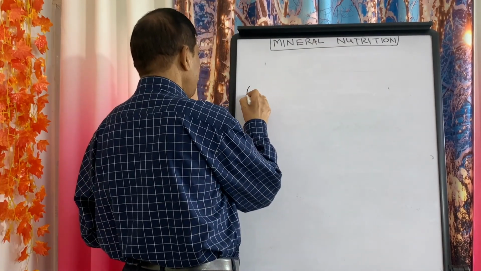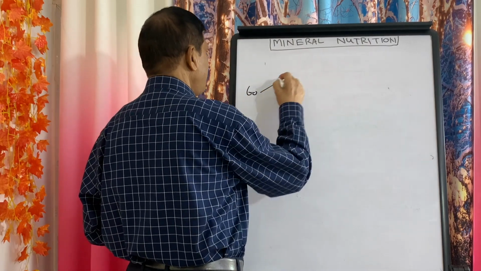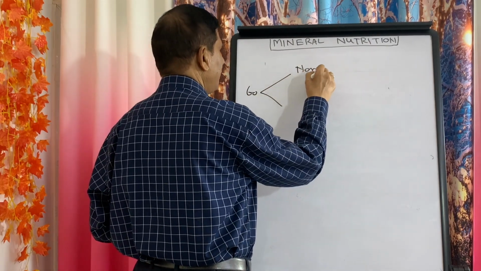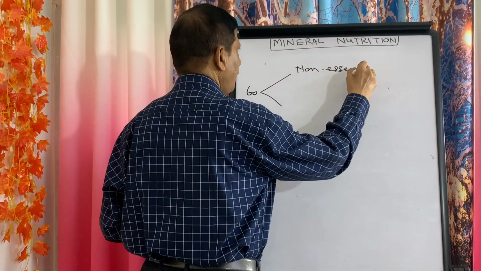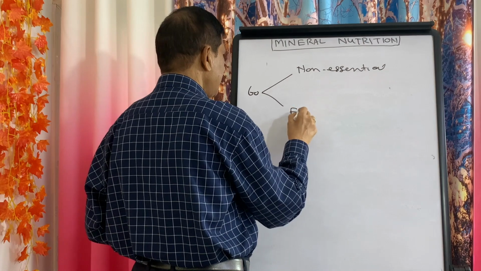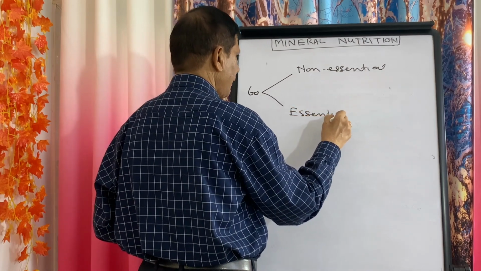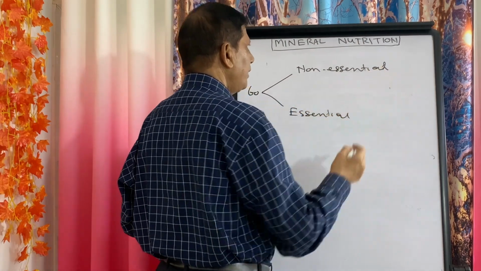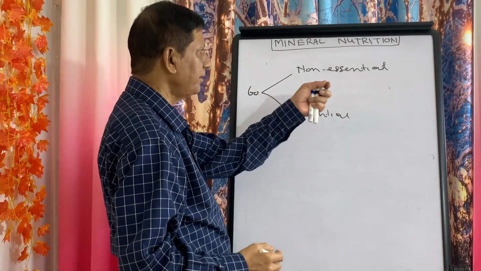These 60 elements which are taken, some of them are non-essential, meaning they are not required by the plant body, while some are essential. So what are the common non-essential minerals?